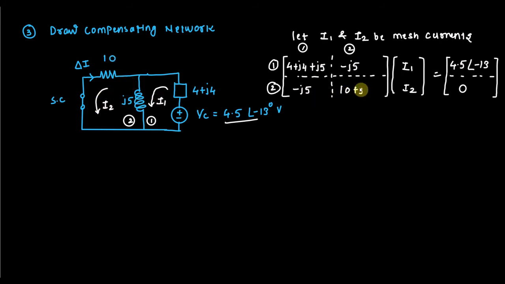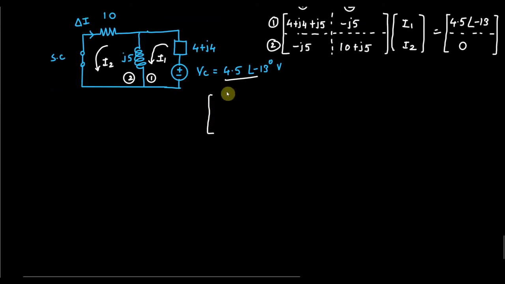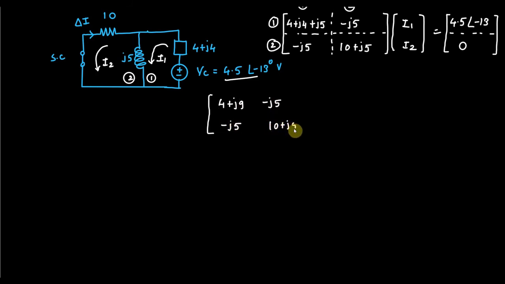Fine. So after that, simply rearrange that. When you rearrange, it will become, sorry, not 9, it will become 4 plus J9, minus J5, minus J5, 10 plus J5.